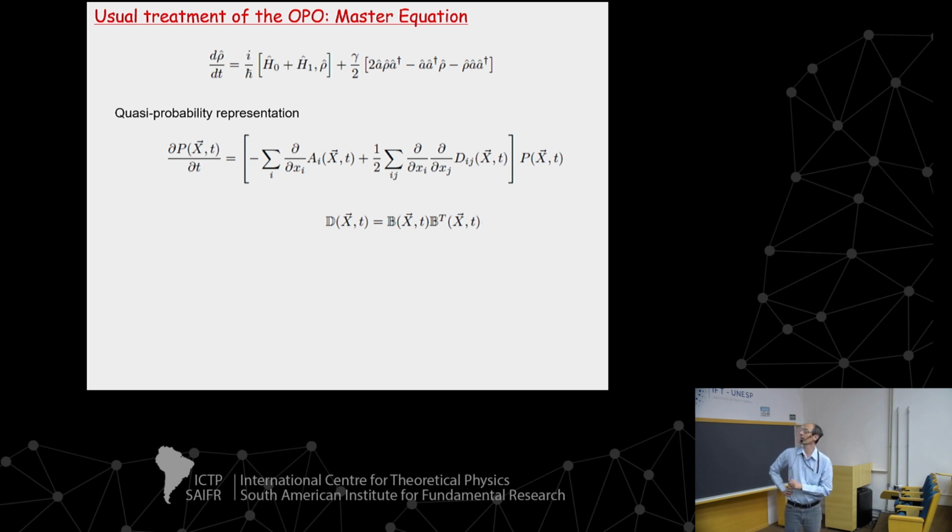Now we have a differential equation that, if you have only derivatives up to the second order, that comes from the bilinear response, can be translated into a Fokker-Planck equation. Therefore, you have an equivalent Langevin equation.